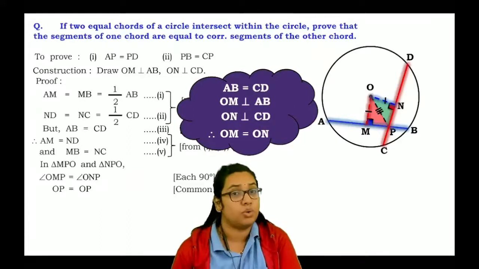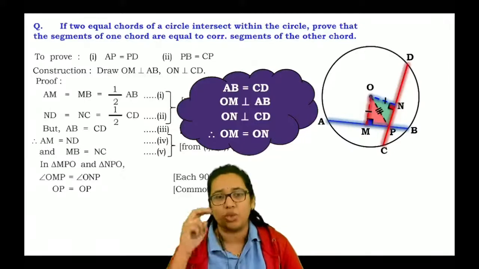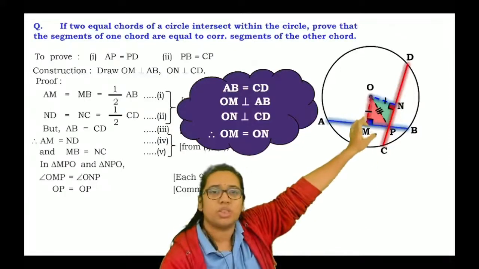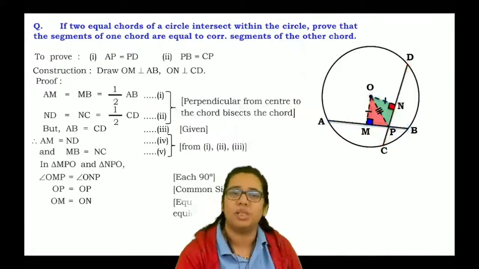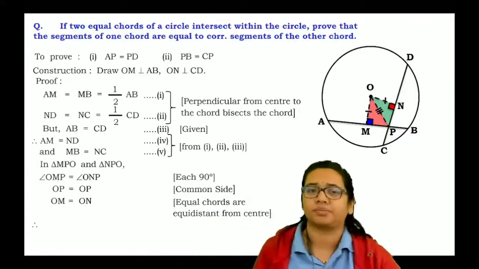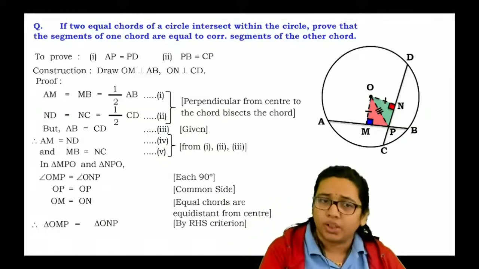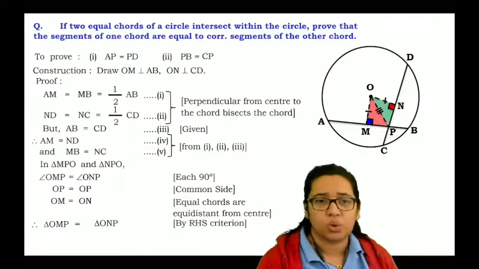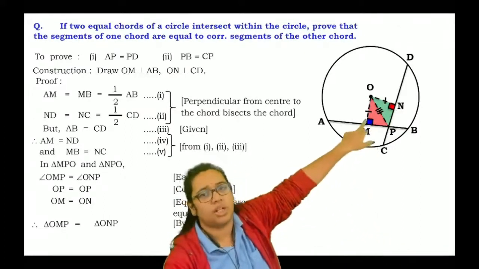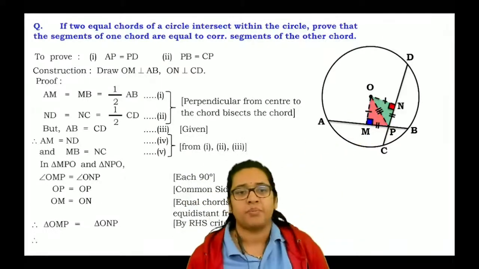So we are talking about two equal chords. We know that for any circle, two equal chords are equidistant from the center. So obviously OM and ON will be equal. So angle, side, angle. Getting this one? We can say that triangle OMP is congruent to triangle ONP using the RHS rule: right angle, hypotenuse, and one common side.